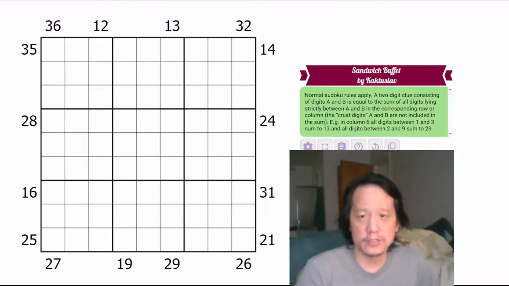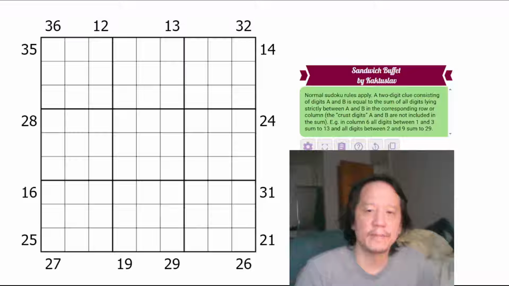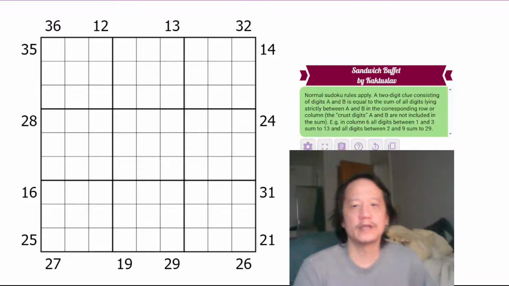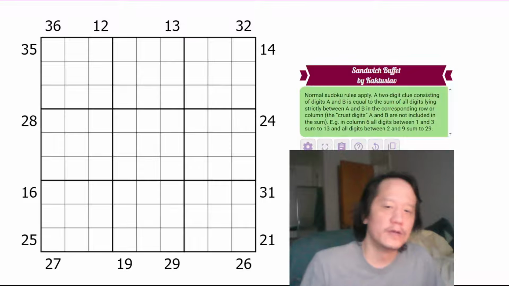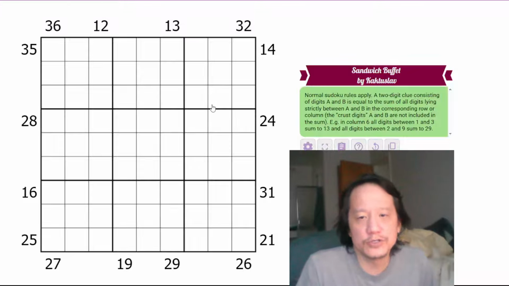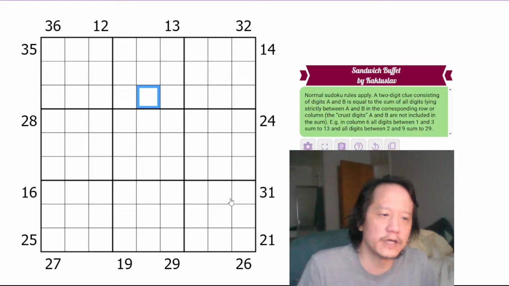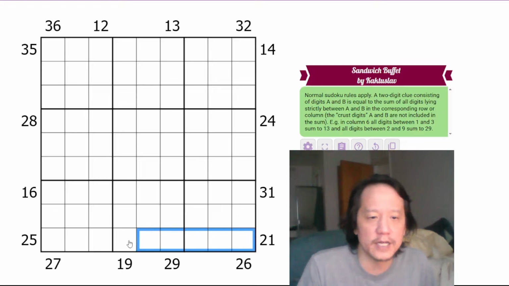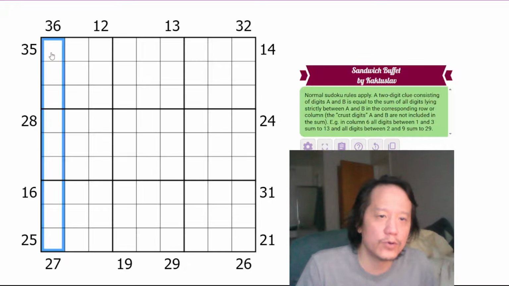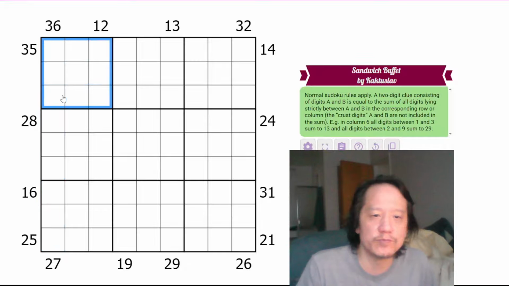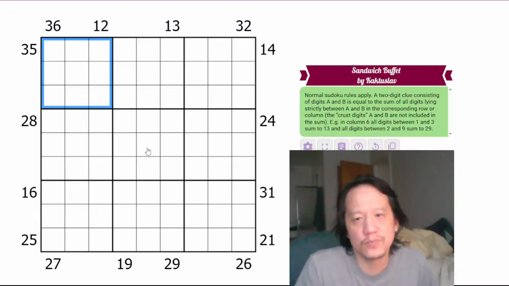Today's puzzle is called Sandwich Buffet by Cactus Law, and here are the rules. We have normal Sudoku rules applied, which means in every cell in the grid, place a single digit from 1 through 9 such that there are no repeats in any row, column, or designated 9-cell region, which in this case is a box.